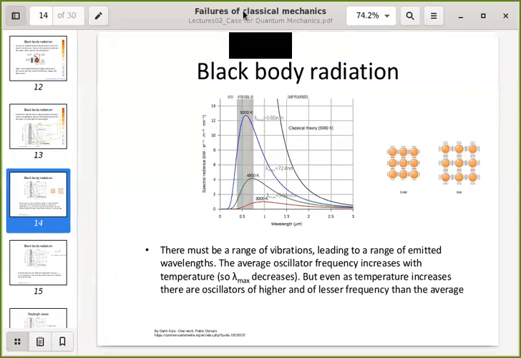every half hour. But what we've got here is a range of oscillators in our object. And of course, we have lots of energy. The hotter it is, the more energy per wavelength is being emitted. It's interesting that at 5,000 Kelvin, even the low frequency is still coming off.